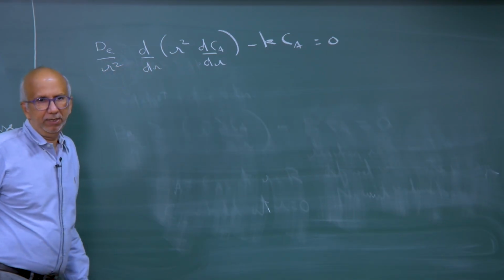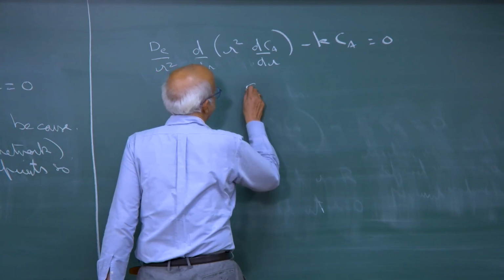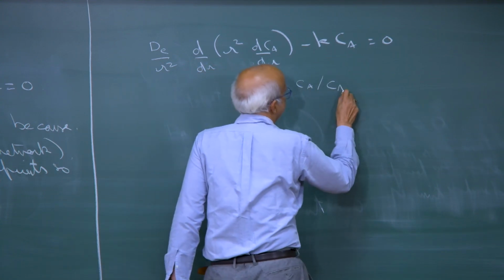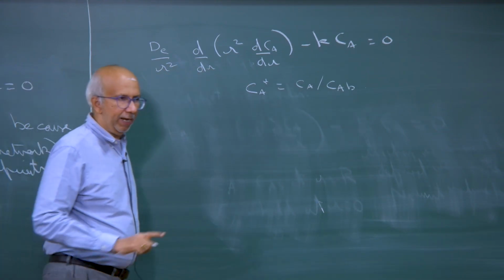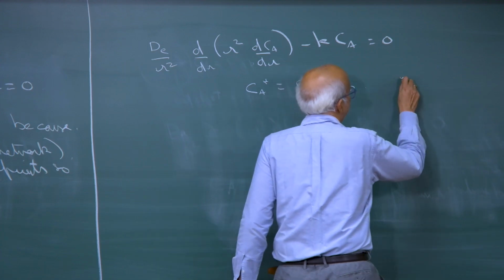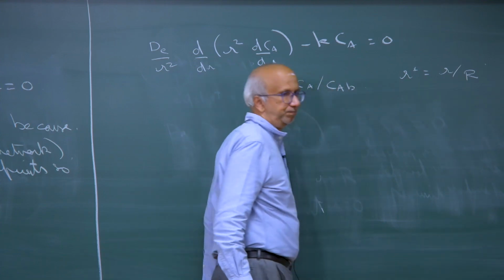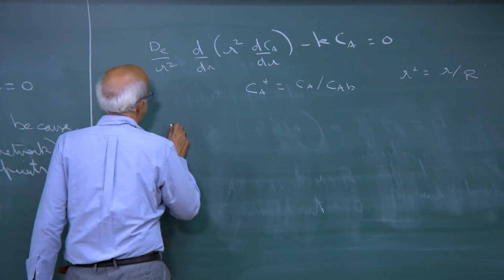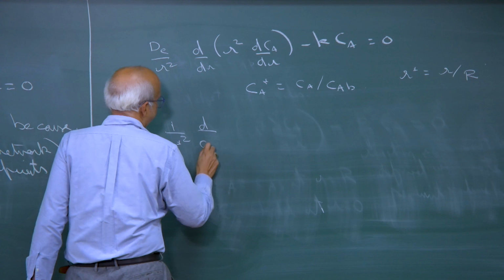and do exactly what we did last time, which is make it dimensionless, okay. And we are going to define Ca star as Ca divided by Ca surface, which is the same as Ca bulk, and the length scale r star is r divided by capital R, okay. So, you do all that, and I am going to just rewrite this equation.